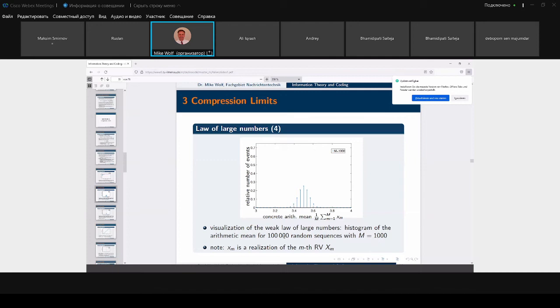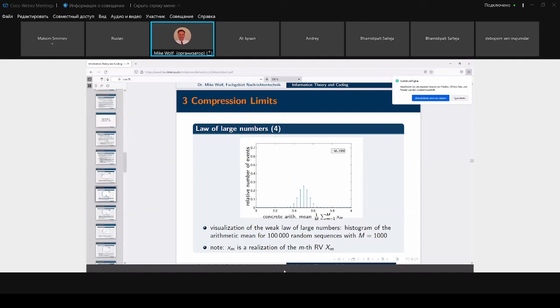And I repeated the experiment 100,000 times. I need to do this to get a histogram. So the sequence length is always 1,000. I used MATLAB to generate numbers between 1 and 6. All have the same probability, and all are statistically independent.